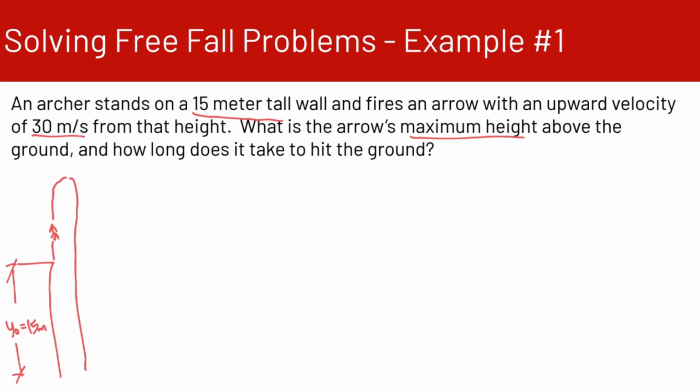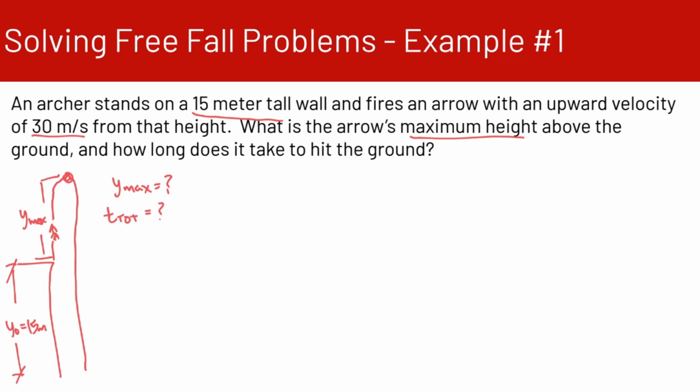We want to know what is the maximum height here. So what is this height? This is y max. What is y max? And then what's the time that it takes to get to the ground? So time total equals question mark.